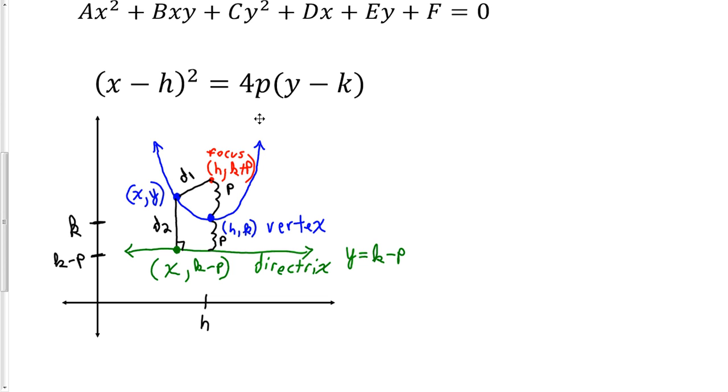And you can also identify the focus because the focus is p units away from the vertex. So there's p. And you can also identify the directrix because the directrix is a horizontal line, in this case because the axis is vertical. And it's a horizontal line that has the equation y equals k minus p. So basically, if you know h, k, and p, you can identify the vertex, the focus, and the directrix of the parabola.